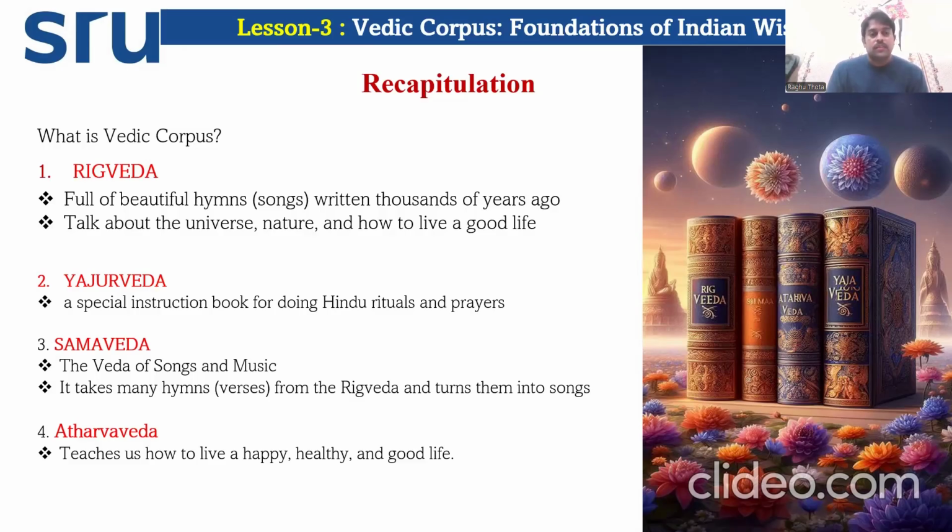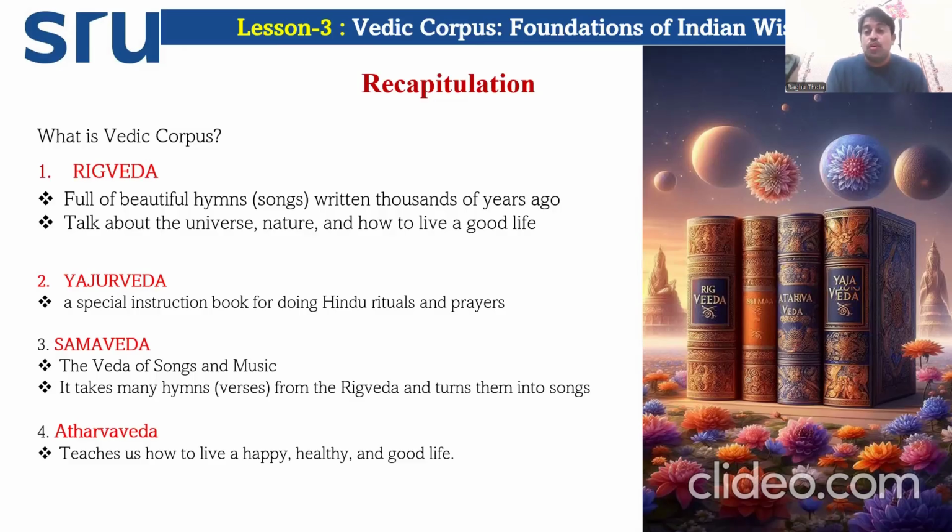What is Rig Veda? Rig Veda is the book of hymns or songs which were written thousands of years ago. It is a book of lyrical songs, and it talks about the universe, nature, and how to lead a good life in ancient times. Yajurveda is a special instruction book for doing Hindu rituals and prayers.